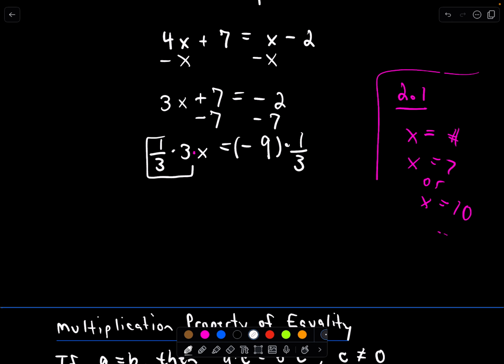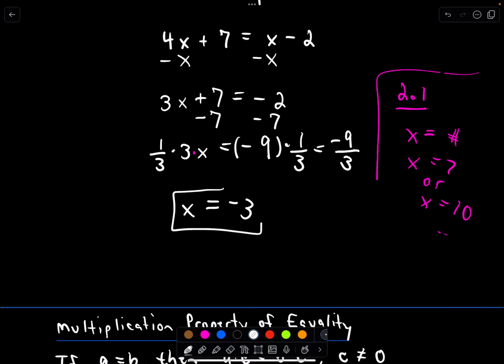Well, 1/3 times 3, or equivalently 3 divided by 3, just leaves me with 1x, and that's what we wanted on one side of the equation. And on the right side, negative 9 times 1/3 simply equals negative 9 over 3, which is negative 3, and that is my solution.